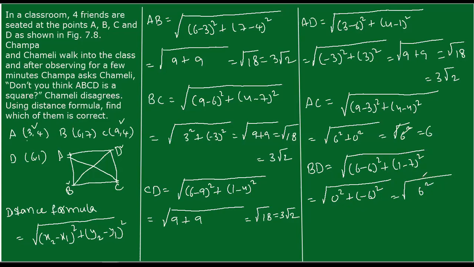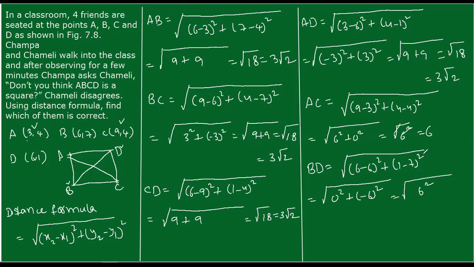Minus 6 square I can write as 6 square. Why? Because here we have to observe one thing. When the base is negative and the exponent is an even number, it is 2, the value is positive, right?